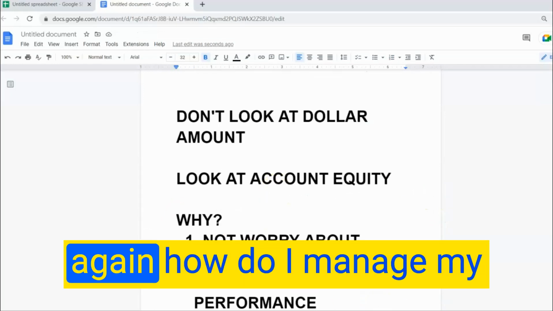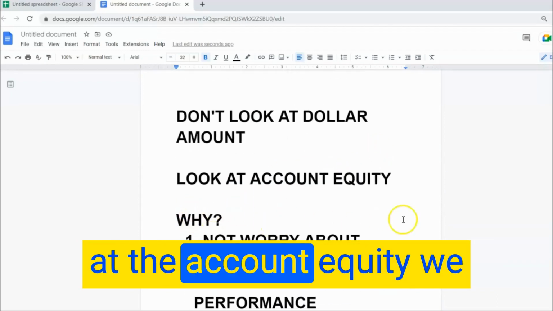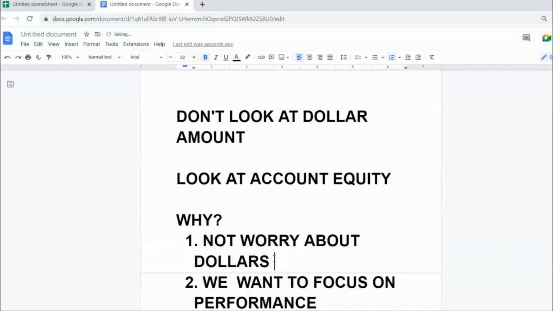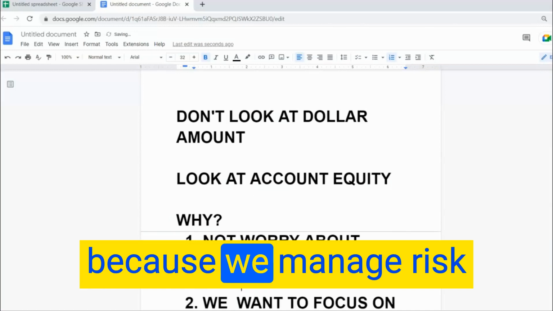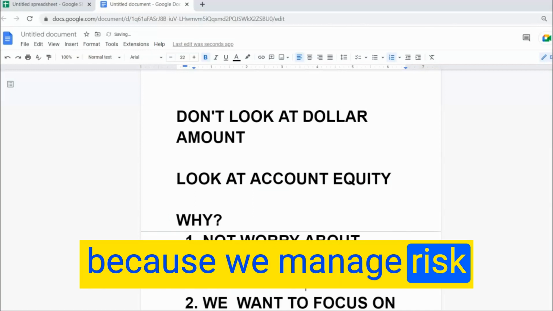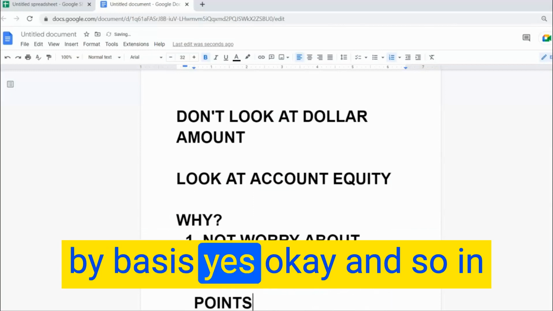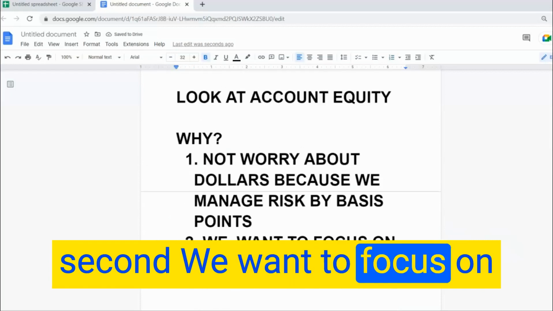So again, how do I manage my profits and losses? Don't look at the dollar amount, look at the account equity. We don't want to worry about the dollars because we manage risk by basis points. And second, we want to focus on performance.